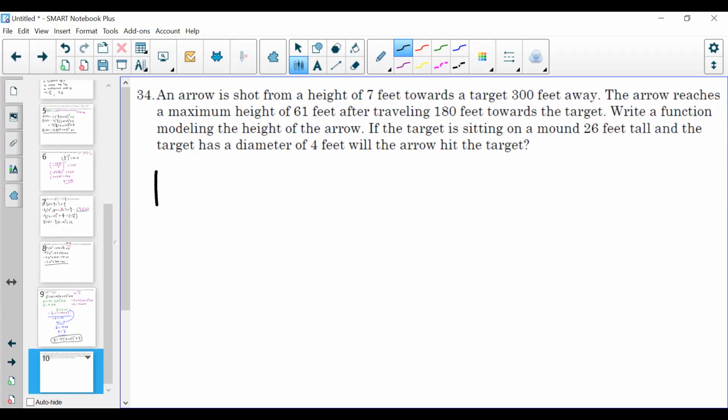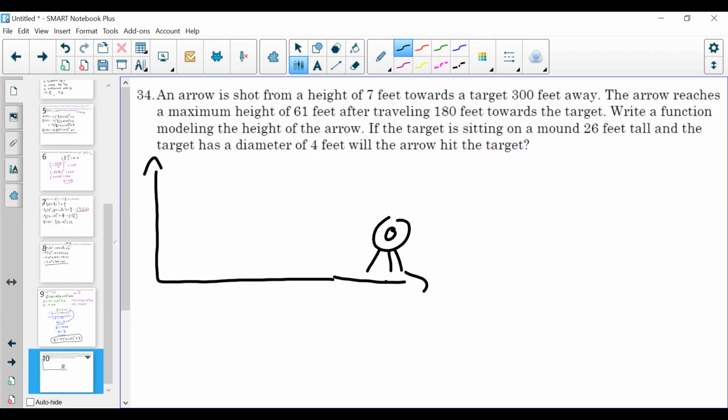Something like this, I'm always going to draw a picture just to understand exactly what's happening. So I have this graph right here, and I'm told that an arrow is shot from a height of 7 feet towards a target 300 feet away. So there's some target way out here that's 300 feet away.